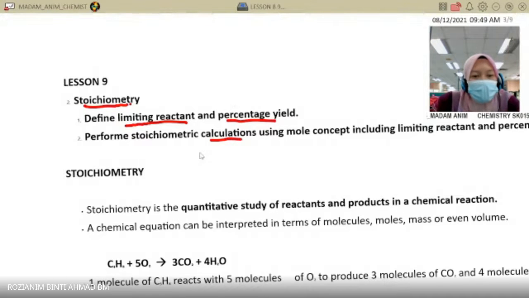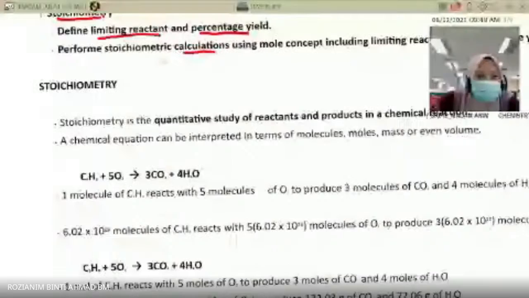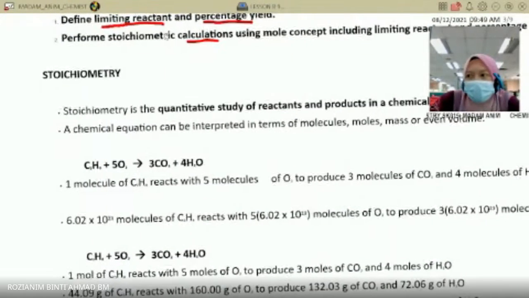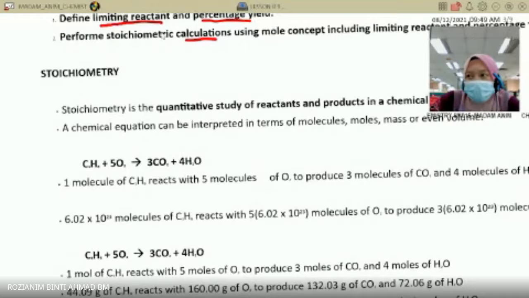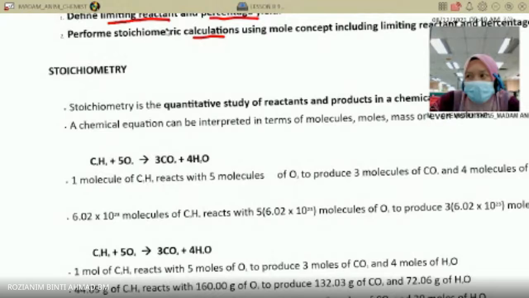Apa itu stoichiometry? Alright, okay. Stoichiometry ni kita nak terangkan apa? Relationship di antara amounts of the reactant dengan amounts of the product according to the chemical equation.